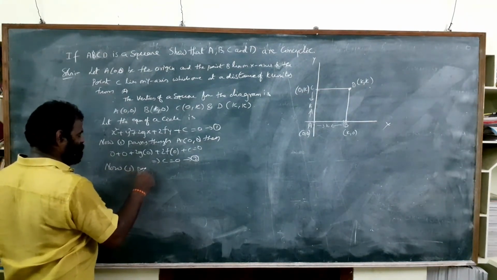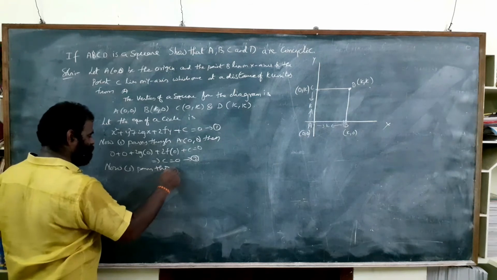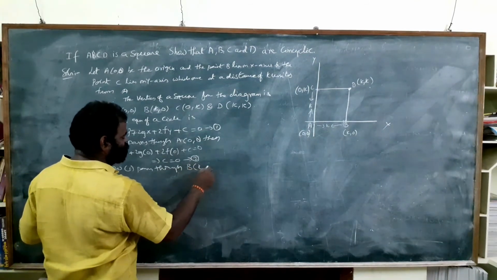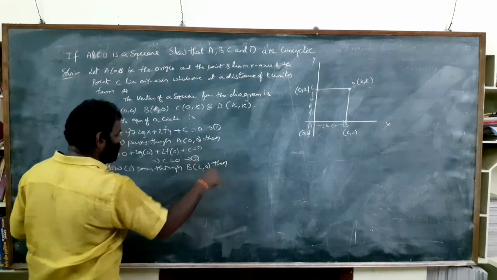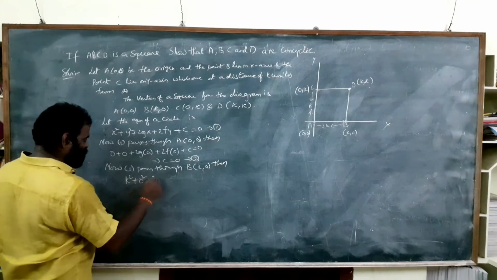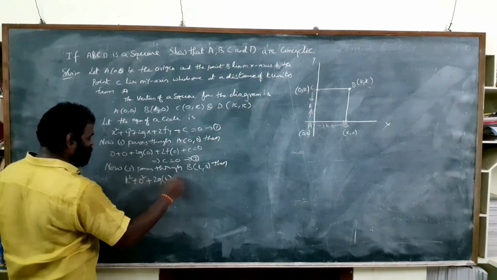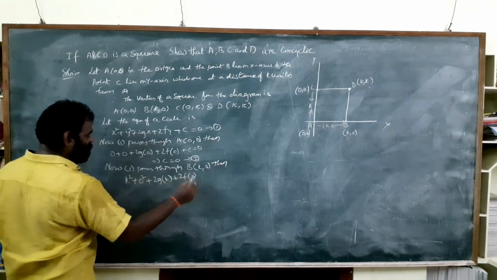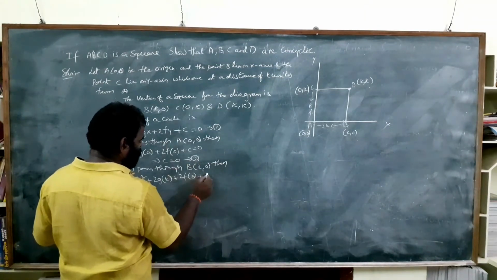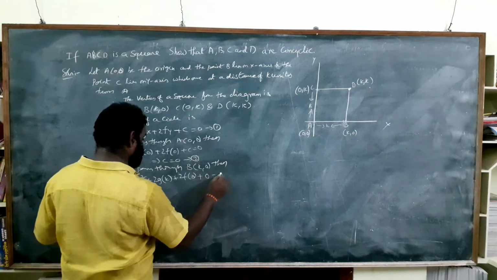And now it passes through B(k, 0). Then k square plus 0 square plus 2g into k plus 2f into 0 plus c, we already know c is 0, equal to 0.